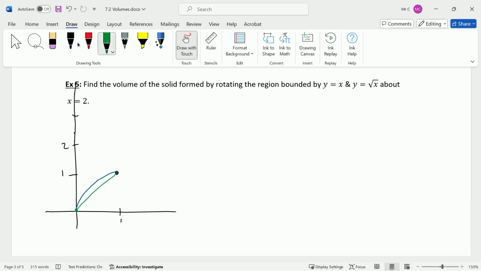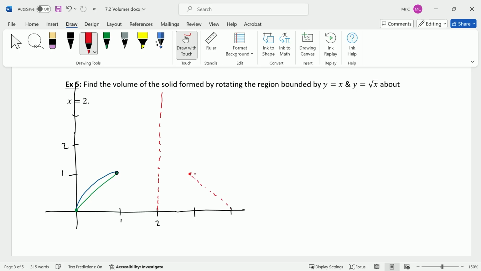Or sorry, x equals 2 line. Should be careful. x equals 2. So that's this line. So if I'm rotating about this line, then what I want to do is go out a symmetric distance across and try to draw the mirror image of this graph over that axis. So it should look roughly like this.